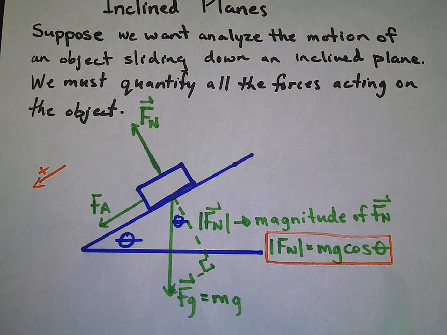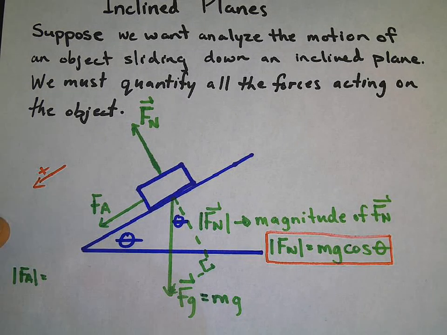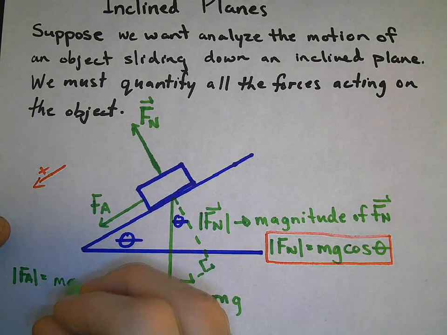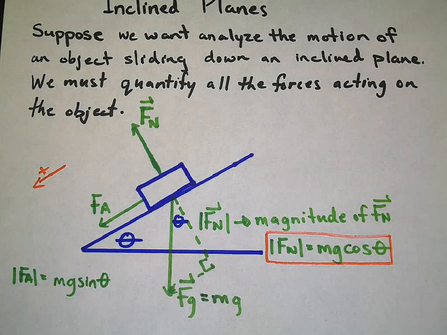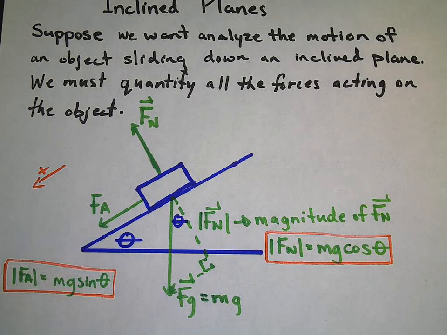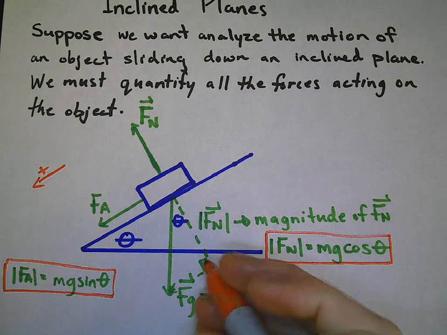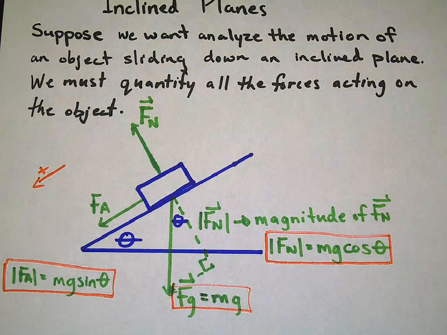So our applied force, the magnitude of it, is actually going to be equal to mg sine theta. So we've quantified our applied force. We've got that magnitude. We have the magnitude of Fg, which is mass times gravity. We have a magnitude for our normal force.